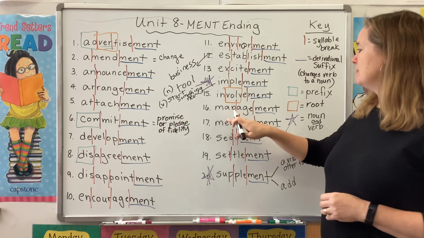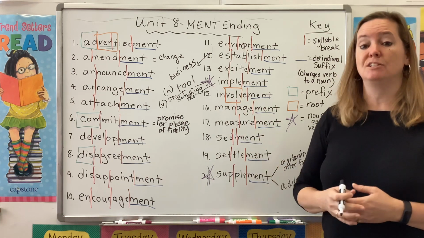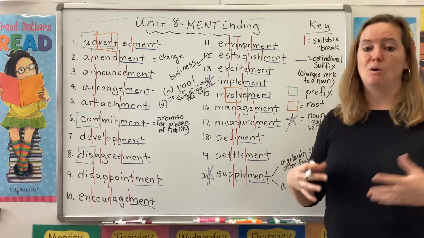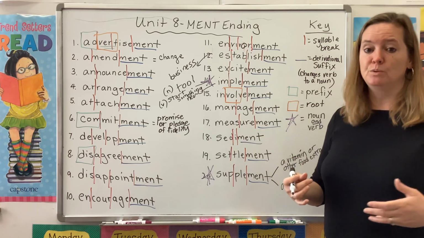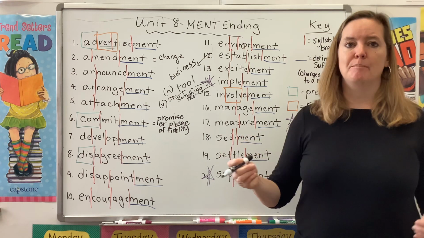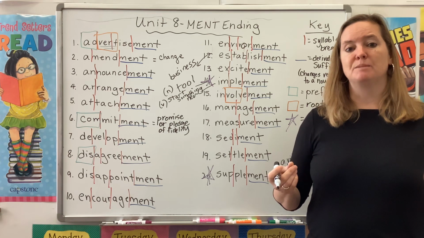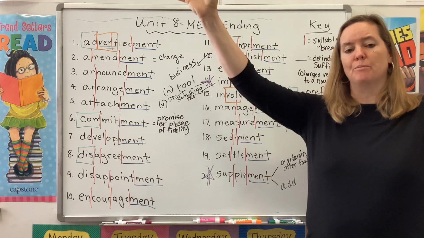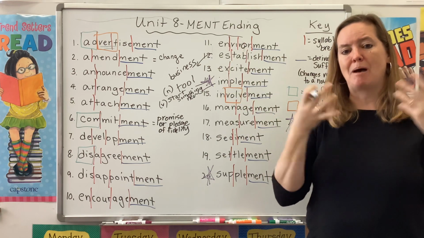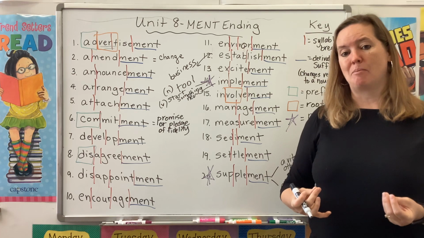All right, management, I think you know what that means, right? Those are the people in charge, the people who manage the business. Measurement, you do a whole unit in math with rulers and inches, you're measuring stuff. Sediment is like stuff at the bottom of a river. So if it's been raining a lot and all the rainwater washes into the river, it brings lots of dirt and pebbles and leaves with it, and all that kind of collects at the bottom.